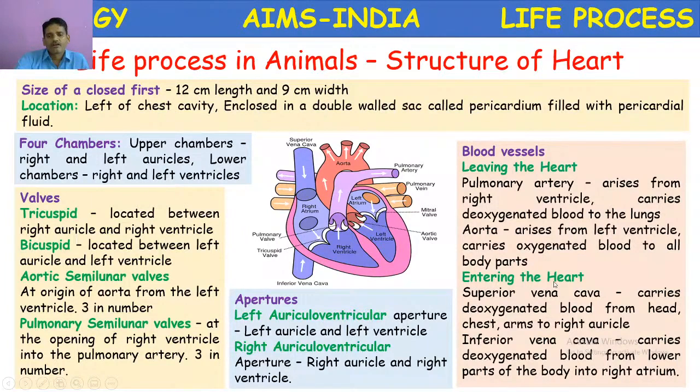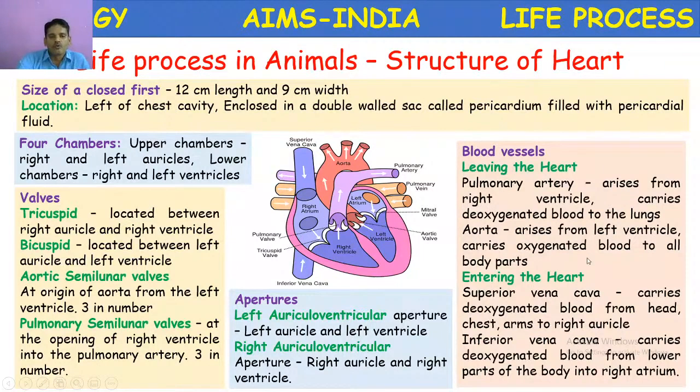Next, the blood vessels which are entering into the heart are veins. Vena cava. There are 2 vena cava, superior vena cava and inferior vena cava. Superior vena cava collects the deoxygenated blood from upper parts of the body and opens into the right atrium. And inferior vena cava collects from the lower parts of the body and opens into the right atrium. Okay.